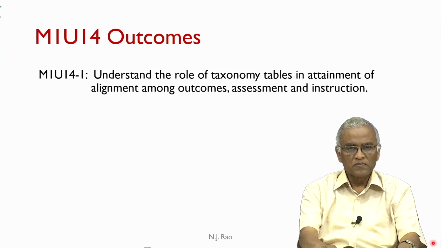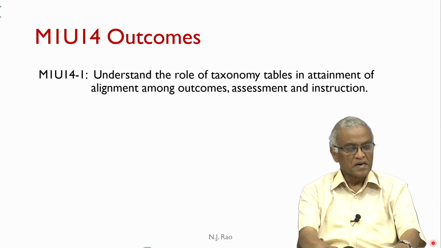There is an outcome which we are trying to attain, and to what extent we attained it is measured by the assessment, and we conduct instructional activities to facilitate students to attain these outcomes.